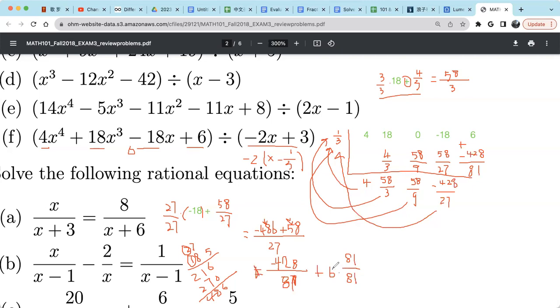Then the numerator, I have 6 times 81. 1 times 6 is 6. 6 times 80, 480. So I got 486 positive. Now I have a common denominator of those two terms. I just add the numerators. So I have 486 subtract 428.